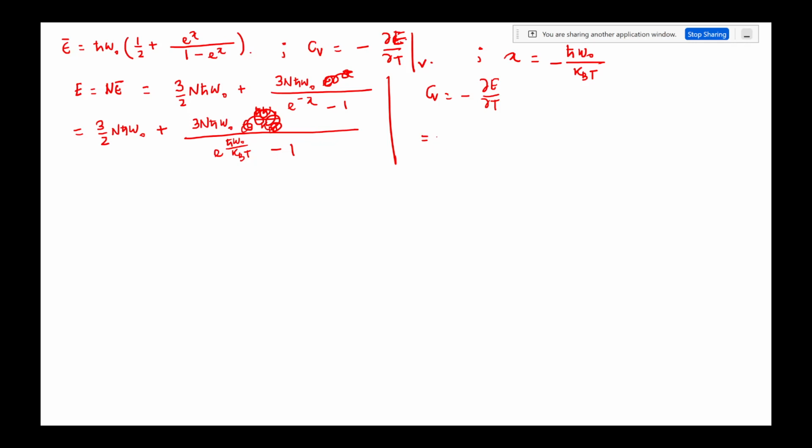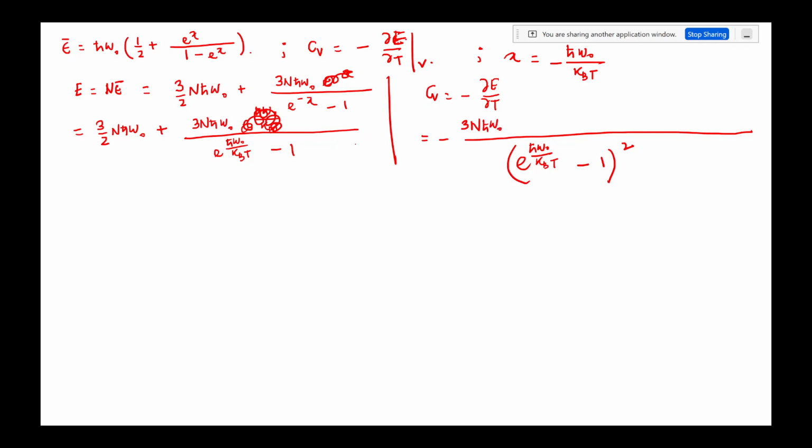So this is in the denominator. This is 1 by x type, with a minus sign, minus of differentiation. So first this will be squared, right? e to the power h cross omega naught by kBT minus 1, squared. This is there, 3n h cross omega naught.